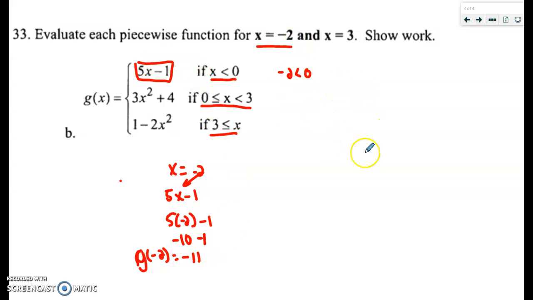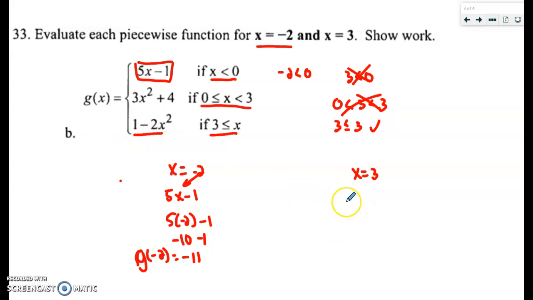Now if I look at this next one, I'm trying to evaluate it for x equals 3. Well, I know that 3 is not less than 0. 3 is not in between 0 and 3. So because 3 is greater than or equal to 3, I am plugging it into 1 minus 2x squared.